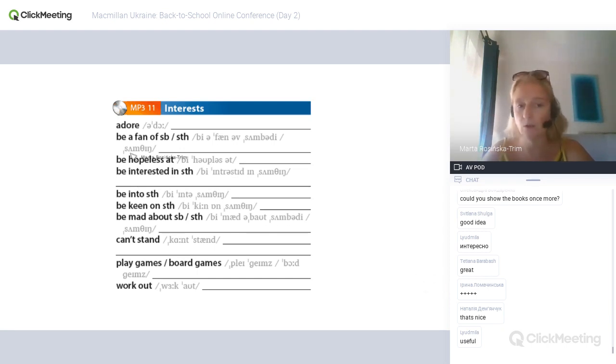So you can see not just a fan or hopeless or keen, but you actually can see the whole expression, which I find extremely helpful to remember vocabulary. It's also recorded, as you can see, so it's something that students can listen and practice as well, and have a sweet at the same time. So it's nice. And again, students can come up with their own questions based on the color of the sweet.